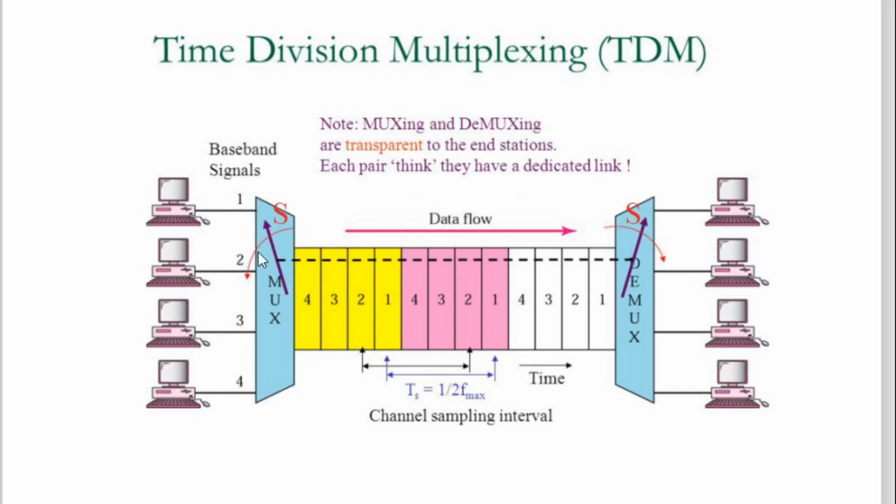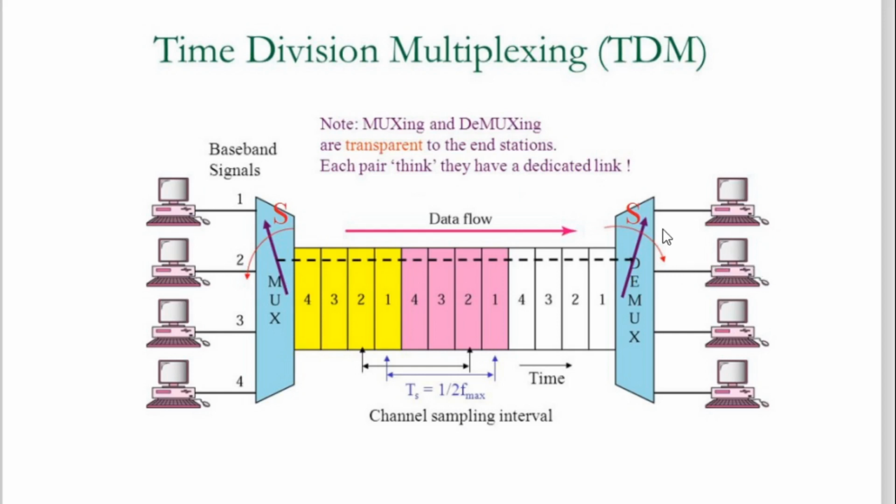Now look at this arrow. If the switch is thrown to position number 2, and in the same way here, if the switch is thrown to position number 2, then the information signal of computer 2 will pass on the communication channel, and it will be received by the receiver computer number 2.